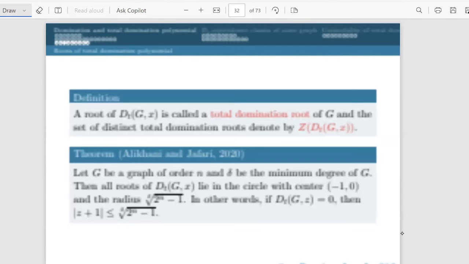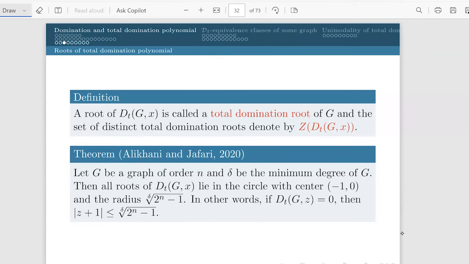A root of this polynomial we call a domination root, and we call a root of the total domination polynomial a total domination root. There are some papers on domination roots and some papers on total domination roots.